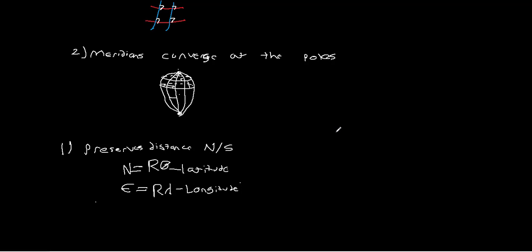So let's just really quickly diagram what this means, to recap what we've talked about. If we have a point here, N, O, and E, and this is our point A here.